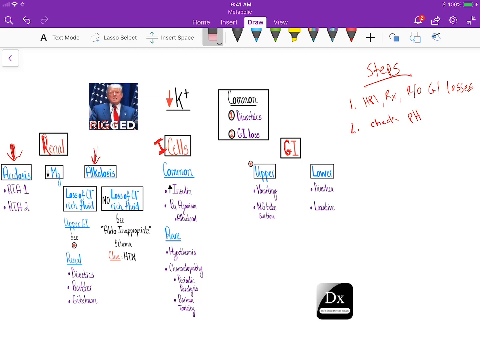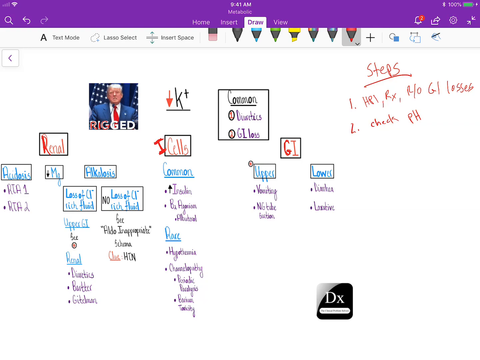If you're dealing with something rare, but it happens, like a renal tubular acidosis, or more commonly, a dehydrated patient who has contraction alkalosis, that can really help clue you in.